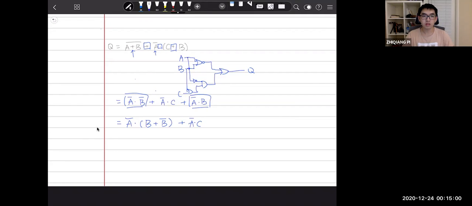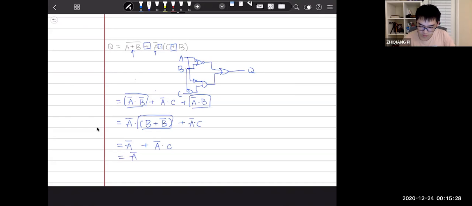And then by applying the inverse rule of the OR form, we know that this term is just 1. And 1 and anything else is just that anything else, which gives us not A or not A and C. And then we can apply the absorption law in the OR form, which just gives us not A.